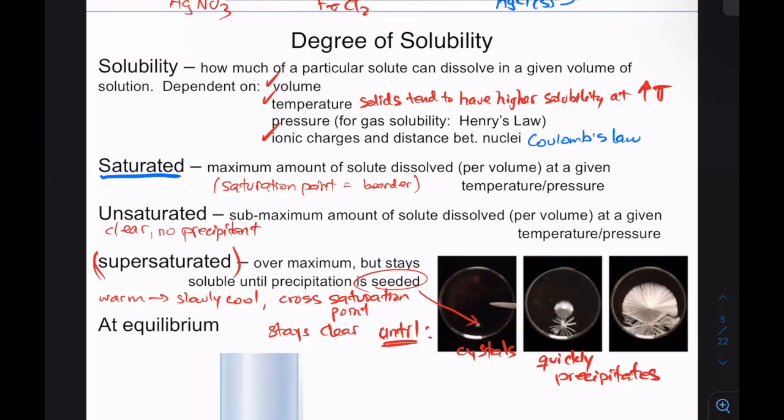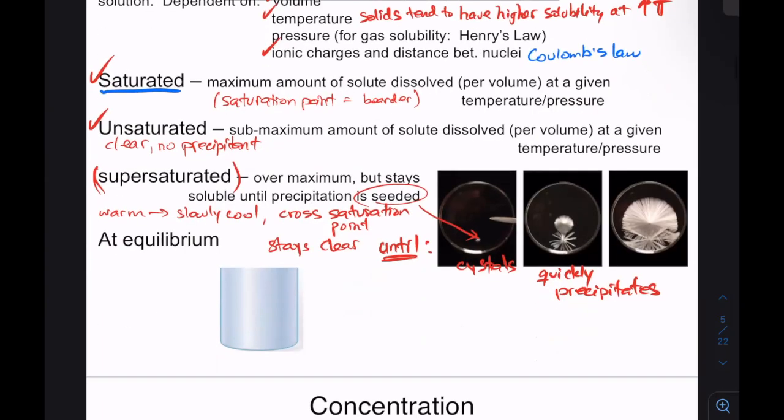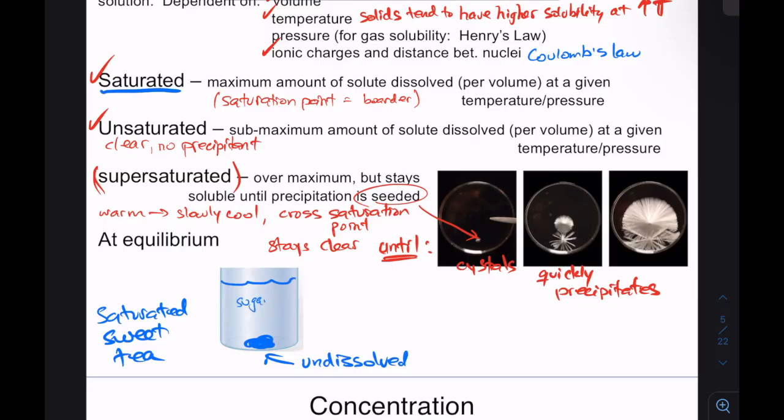I really want you to stay focused on saturated and unsaturated solutions. When it is saturated, here's your sweet tea. You're going to have some undissolved sugar sitting at the bottom, and you're still going to have sugar that's solvated.